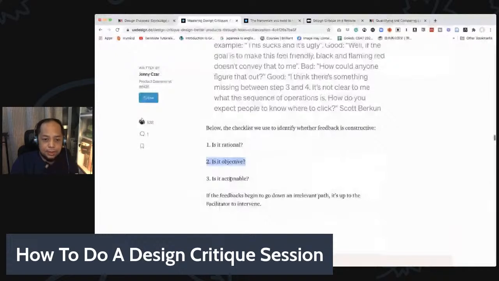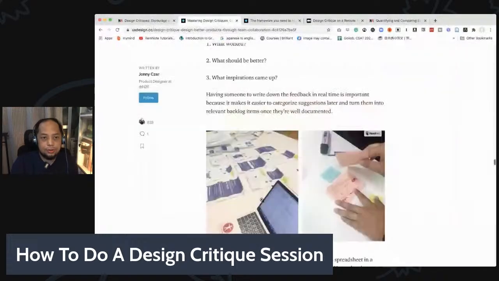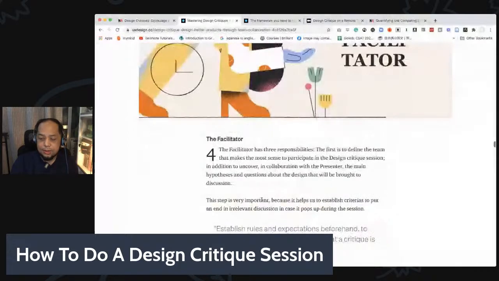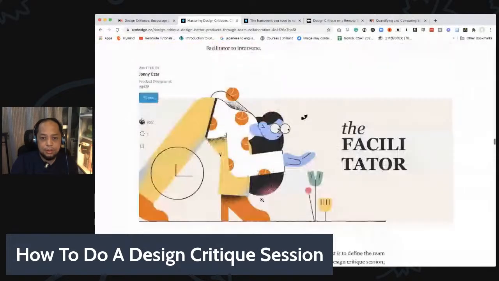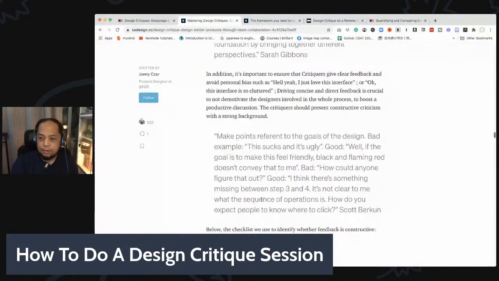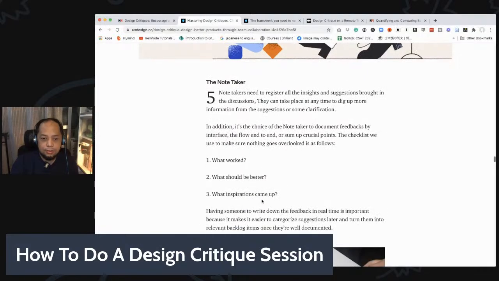I think I will take a lot of the notes here and apply them in our future design critique sessions. So far, I have been doing my design critique sessions informally, but this one is a very good example of how to do it. Note taker: does it work? What should be better?